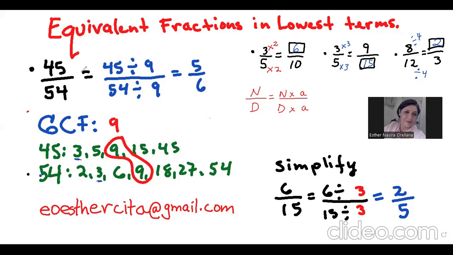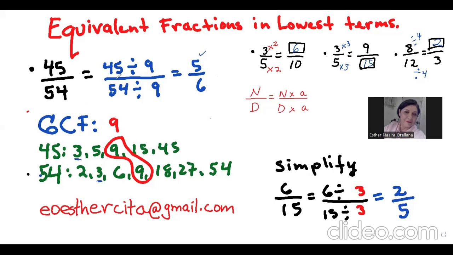And then I'm going to divide, because when we have fractions in lowest terms, it means that we are going to write the smallest fraction that we can write. Either we have a prime number, like the 5 in this case, or we have 1, either in the numerator or denominator. If we have a prime number in the numerator or denominator, or 1, that fraction is completely simplified.